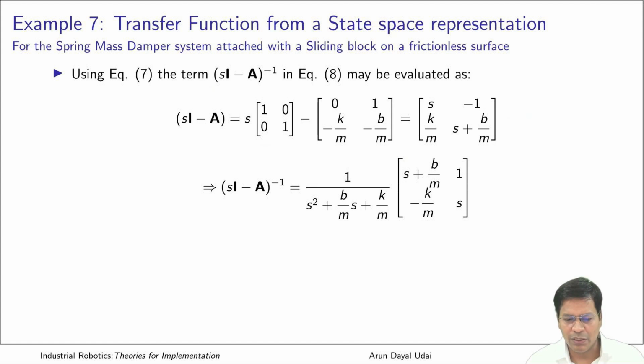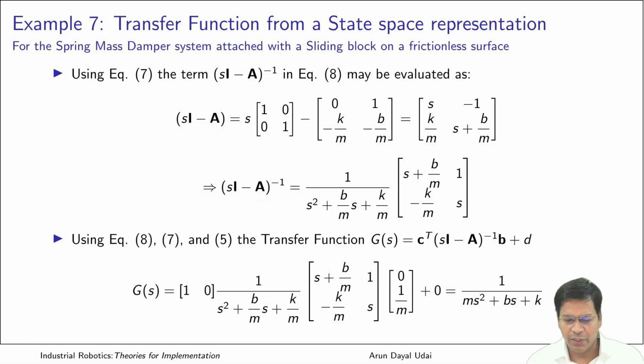Again, taking the inverse is very trivial. You get something like this in the denominator, that is nothing but the determinant of this matrix. Got it? So that is coming here, and the whole transpose comes here. So the transpose divided by the determinant of this. The determinant is very trivial, so you can just find it out.